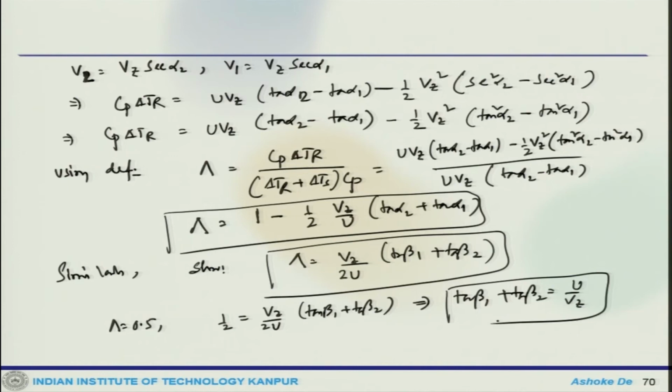Now going back to the velocity triangle, this is how it looks. This is W, this is beta, this is alpha, V, this is U. This portion is W theta, this portion is V theta.